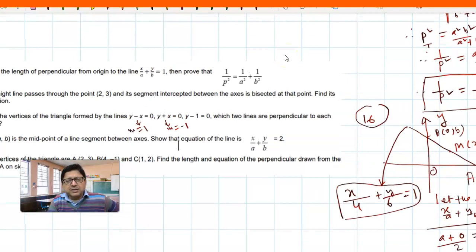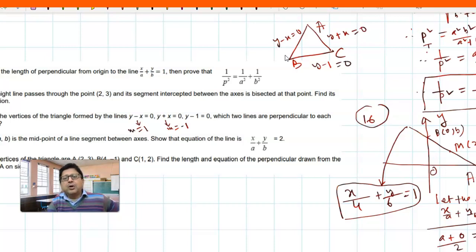You just take the triangle here, ABC. This line is y minus x equal to 0. This one, say, y plus x equal to 0. This is y minus 1 equal to 0. You can solve even mentally. These two lines are passing through the origin. This point is 0, 0.